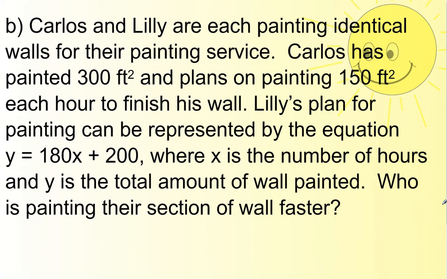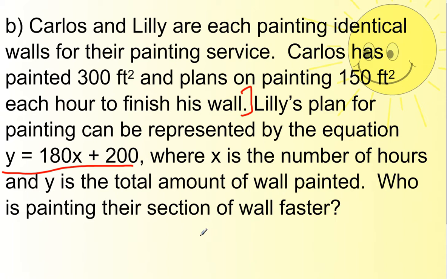Letter B. Carlos and Lily are each painting identical walls for their painting service. Carlos has painted 300 feet and plans on painting 150 feet each hour to finish his wall. Okay, so that's Carlos's idea. Lily's plan for painting can be represented by the equation, where x is the number of hours and y is the total amount of wall painted.